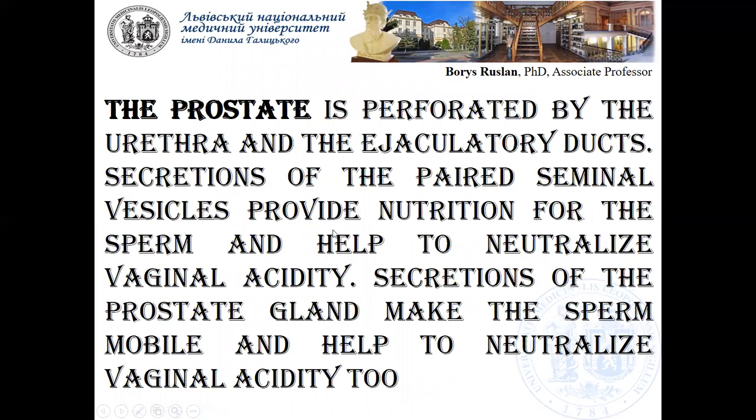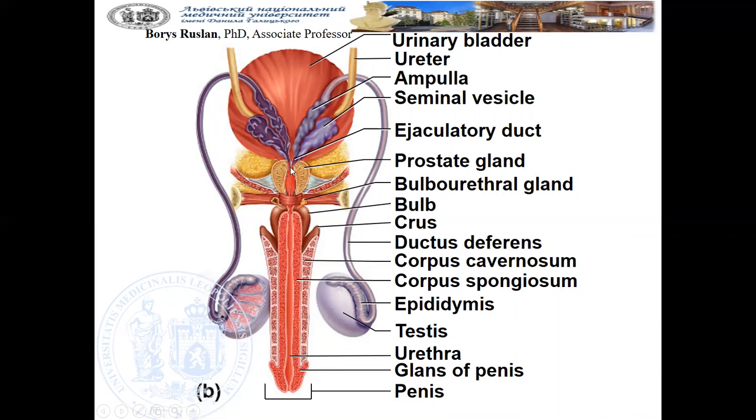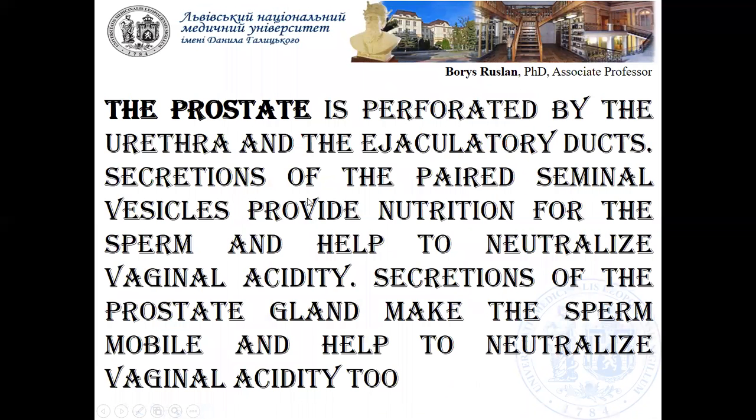What about the prostate? This is the prostate, right? The function of the prostate: it's perforated by the urethra and the ejaculatory duct. The secretion of the seminal vesicles provides nutrition for the sperm and helps to neutralize vaginal acidity.